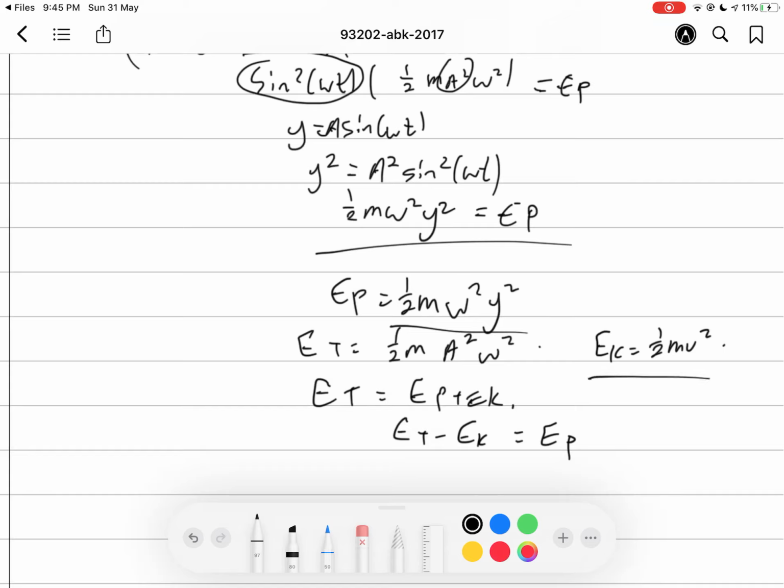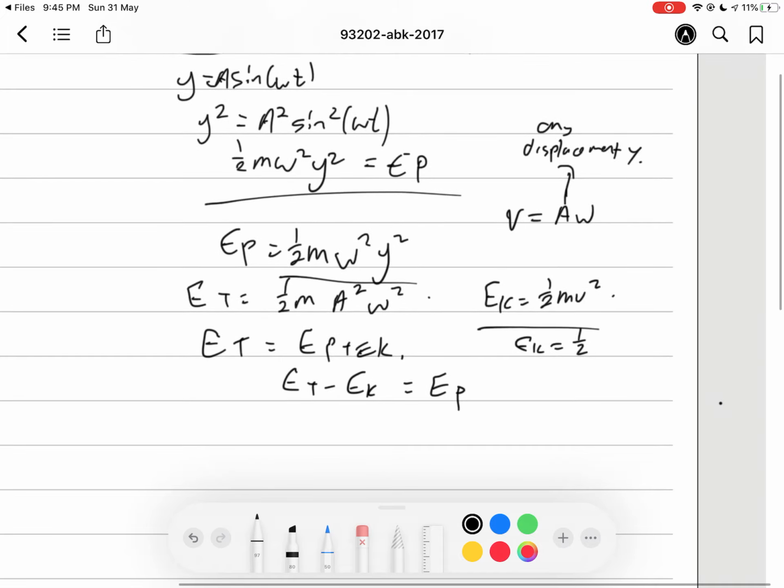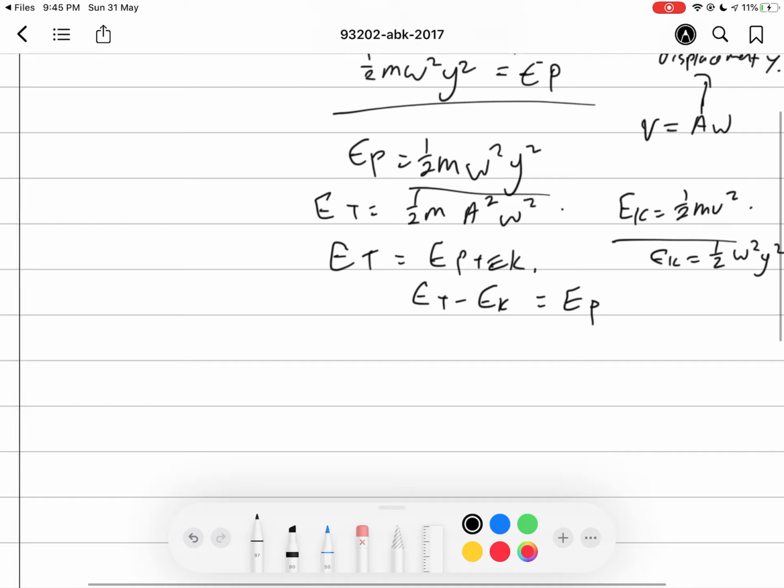And we also know that our EK at any point, at any displacement y, is therefore EK equals 1/2 m omega squared times (a squared minus y squared).